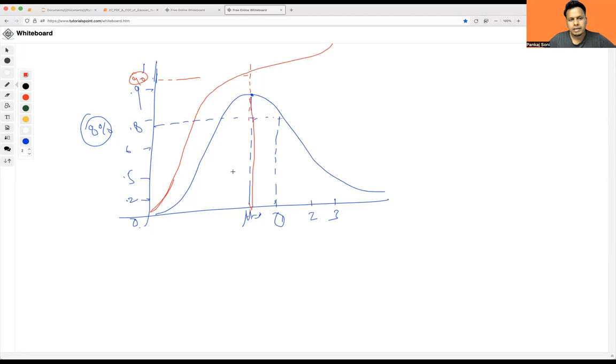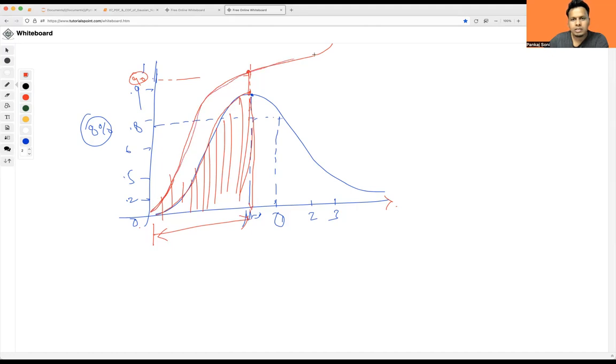What is the probability of getting a value on the x-axis which is 0 or less? 50% probability will come. That is nothing but the area under the curve, that CDF. So if you take the cumulative sum of this PDF, that is going to point here. That's how CDF is developed.